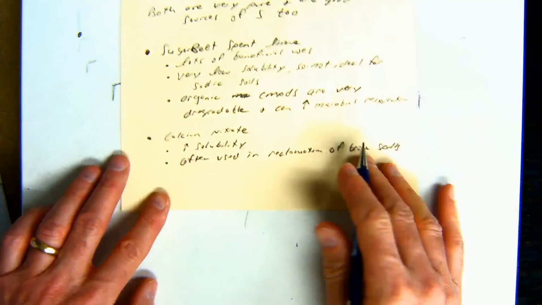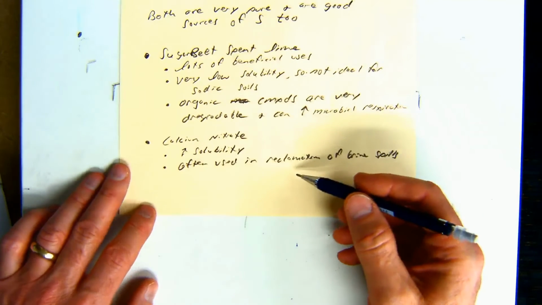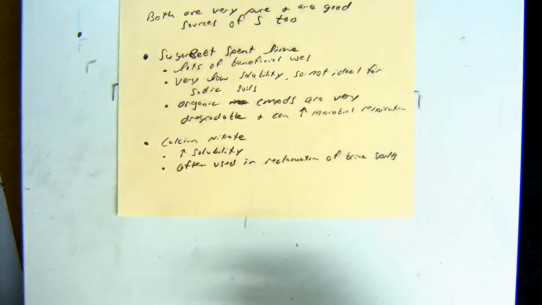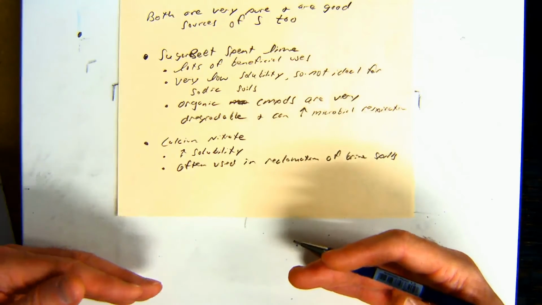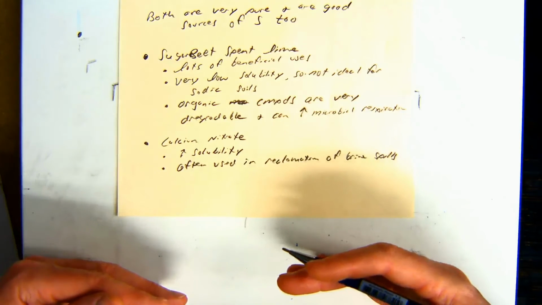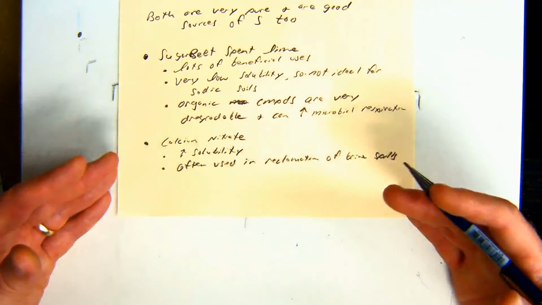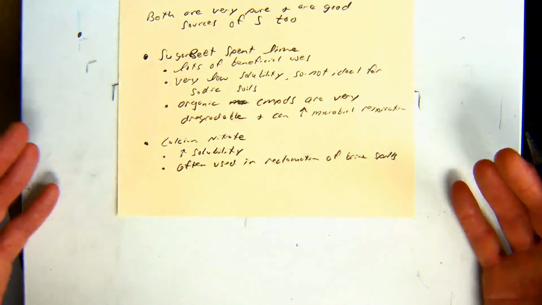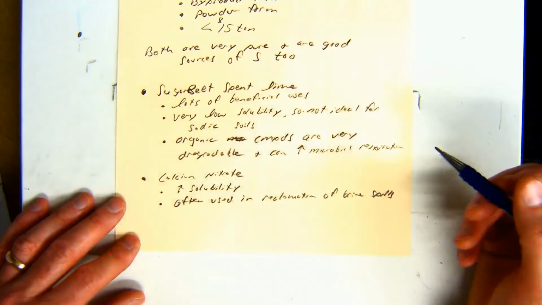So what would happen then is they would use the calcium nitrate, they would have a tile drainage system, and then they would move that calcium nitrate down through the soil, collect it, and then discard it. They wouldn't add a whole bunch of calcium nitrate and then just let it sit there, for the one reason, of course, you don't want to add all that nitrate.